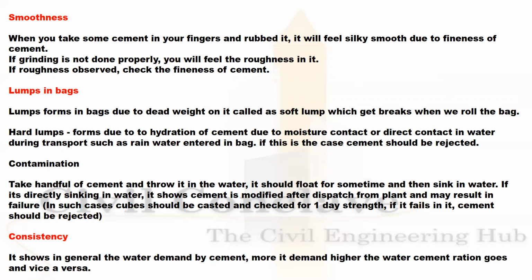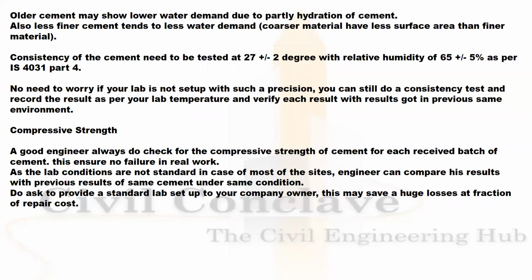Okay. Consistency. It shows, in general, the water demand of the cement. The more it demands, the higher the water. Setting goes in vice versa. In general, standard consistency ranges between 27 to 34 percent.